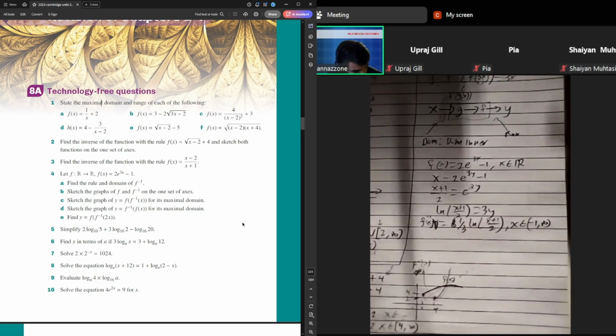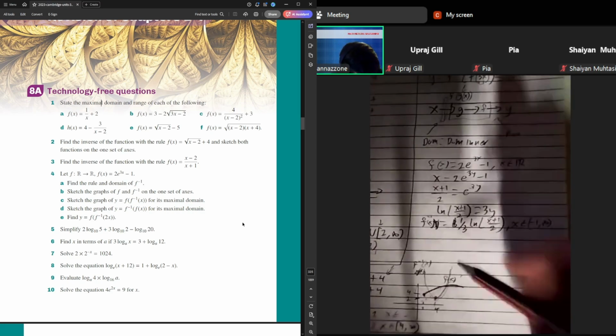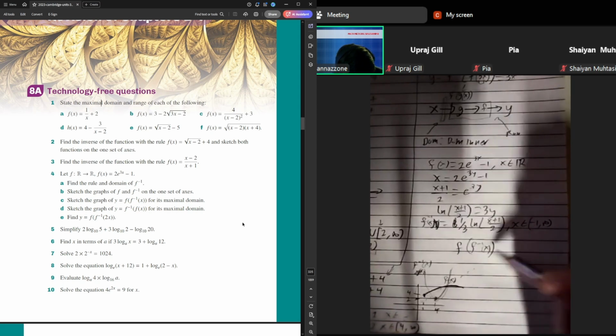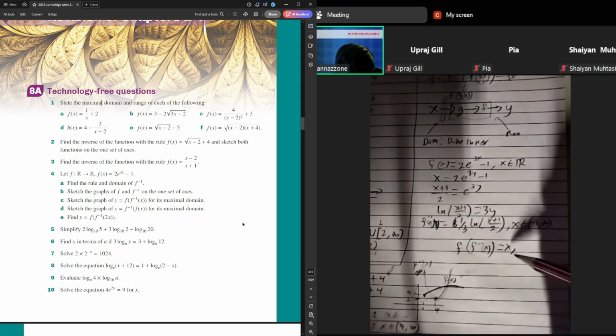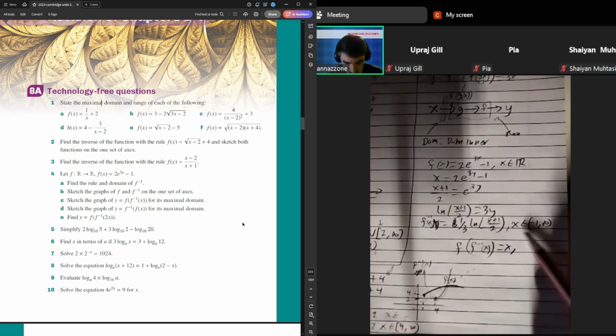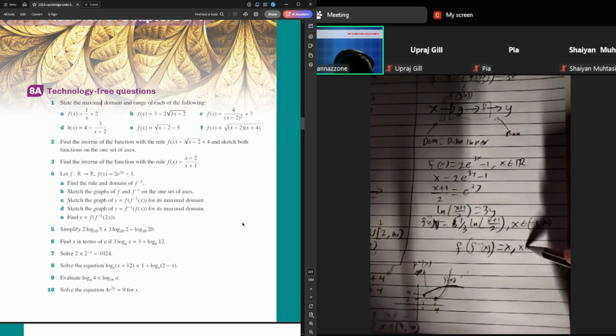I'm speeding through this just to show you that f of f inverse of x equals x, but it's going to have the domain of the inverse. So x is an element of (-1, infinity).